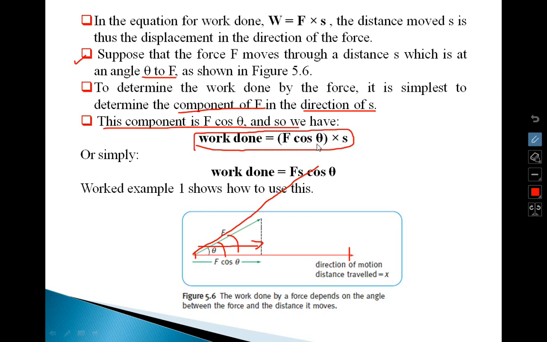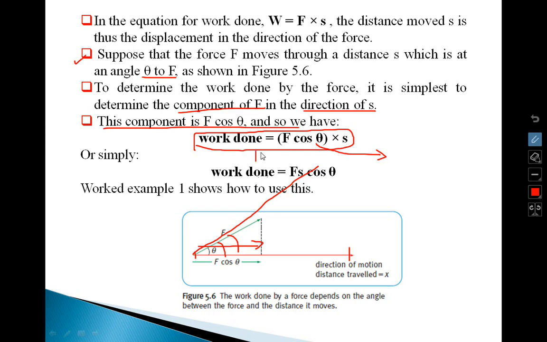The difference is with F. F has an angle theta with the direction, so the effective force is F cosine theta. Or simply you can say work is F times S cosine theta.